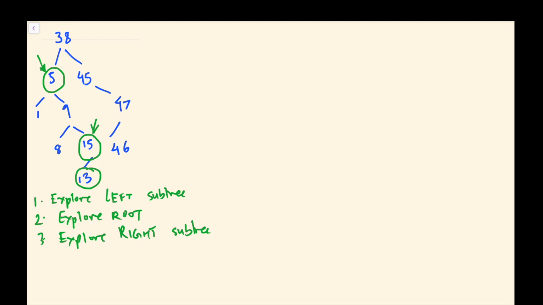So again, we are in the same predicament as in the previous example of 13, which means that now we have to make a determination of whether 15 is a left child or a right child. Well, 15 is a right child. So when 15 is a right child, the in-order successor of 15 will have to be the first parent up the chain which has the left subtree which houses 15.